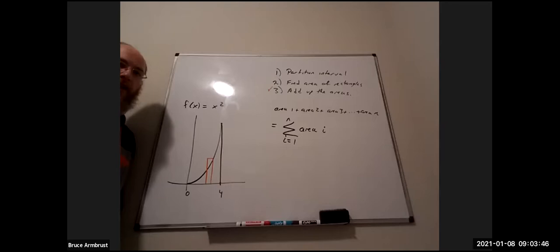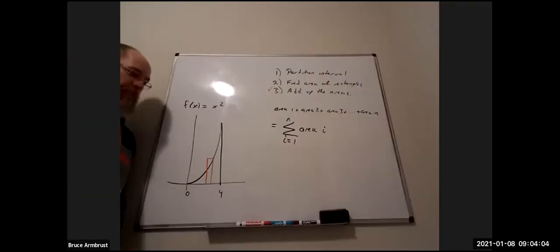So how do you get the area of a rectangle? What do you need to know? You definitely need to know the width. What else? Base times height. So we need the width and we need the height.